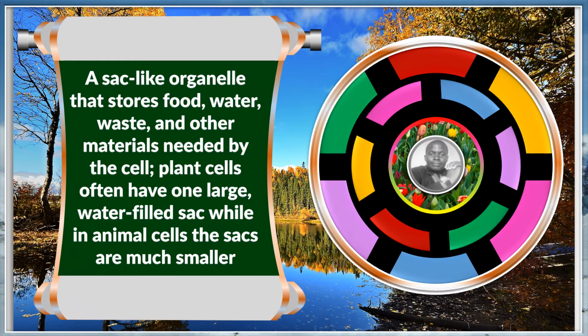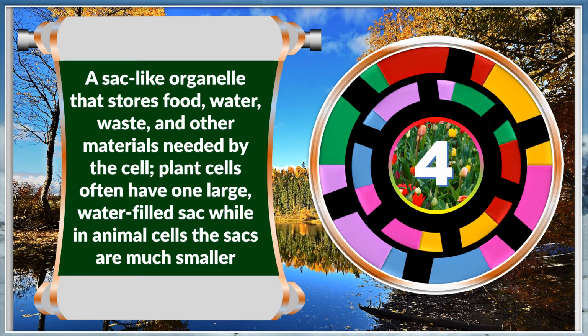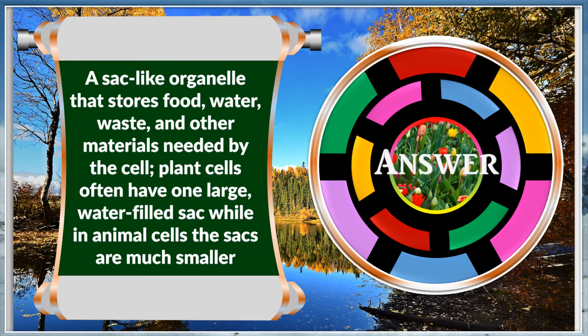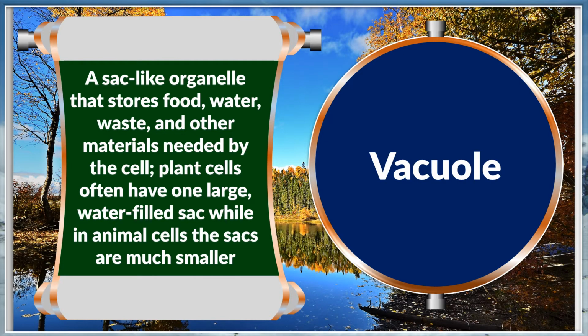A sac-like organelle that stores food, water, wastes, and other materials needed by the cell. Plant cells often have one large water-filled sac, while in animal cells, the sacs are much smaller. Vacuole.